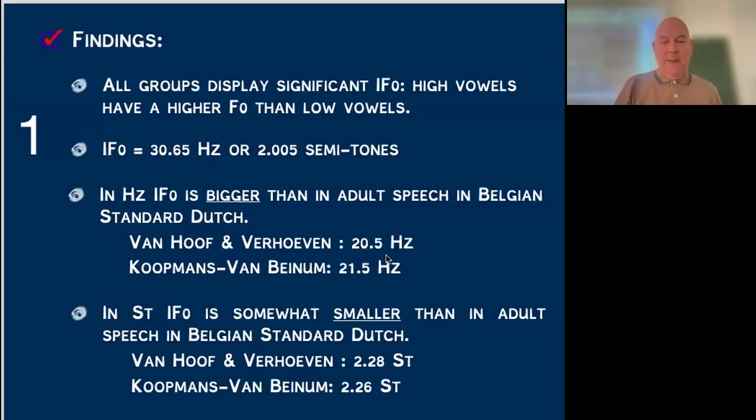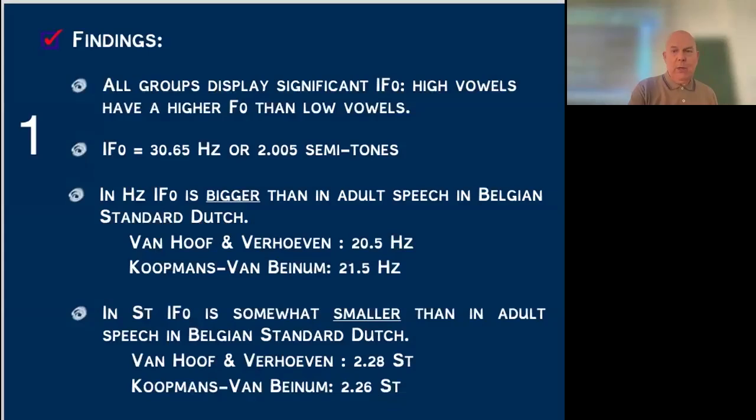Okay. And in terms of semitones, the actual IF0 is a bit smaller than in adults, 2.0, let's say, versus 2.28 or 2.26 in two different studies on adults.